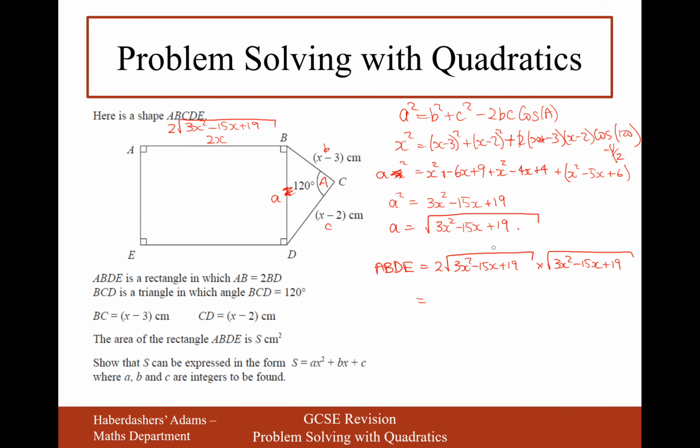And whenever you've got a square root times by the same square root, your answer is just going to be the thing that's inside. So it's going to be 2 times (3x squared minus 15x plus 19). Open up the bracket, times everything by 2: 6x squared minus 30x plus 38. And there we are, that's the answer to this question.